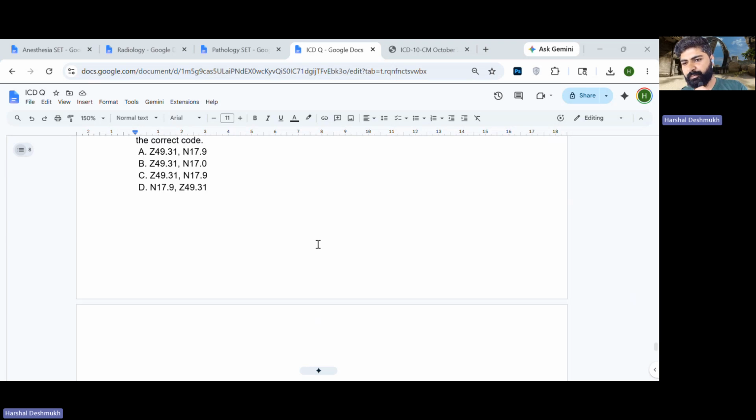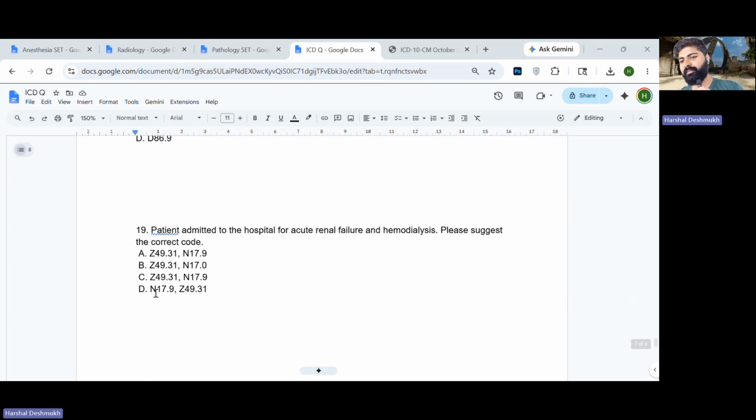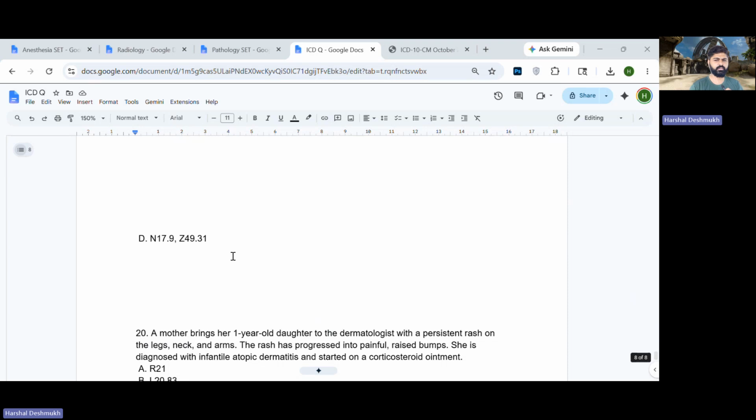The answer to this one is option D, N179 with Z4931 for hemodialysis. Moving on to the last question.